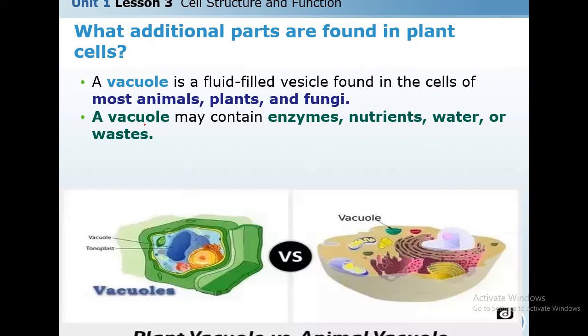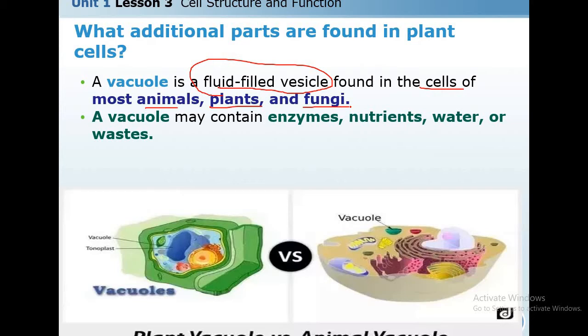A vacuole. Vacuole is a fluid-filled vessel. It's a vessel filled with fluid, found in the cells of most animals, plants, and fungi. So these vessels may be found in animals, plants, and fungi.